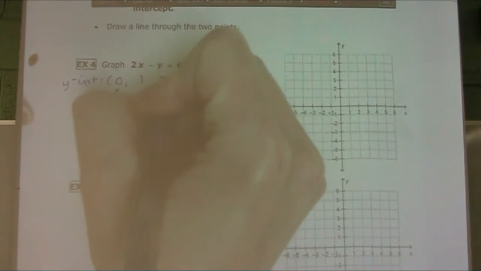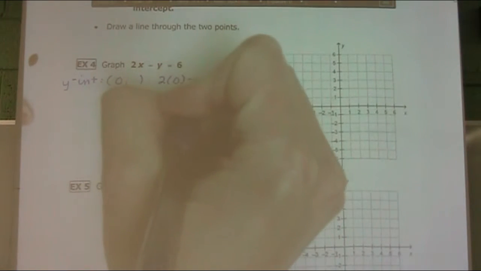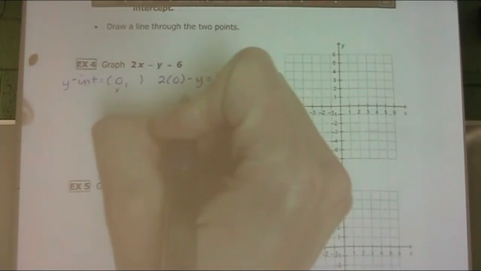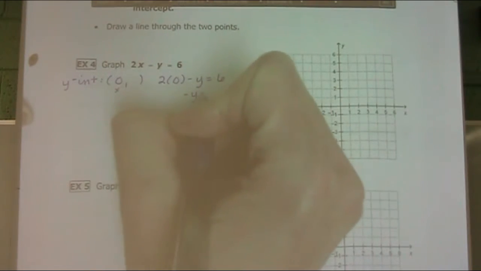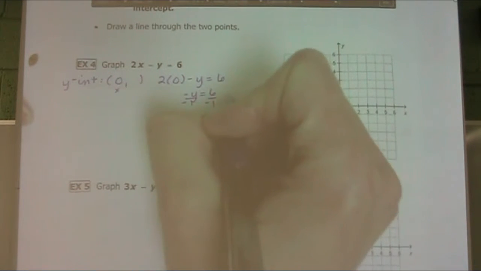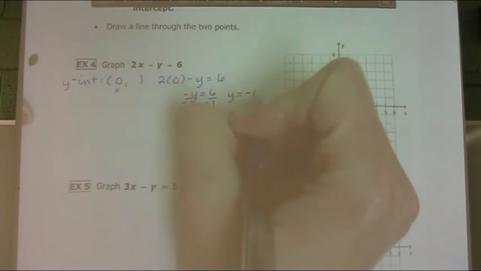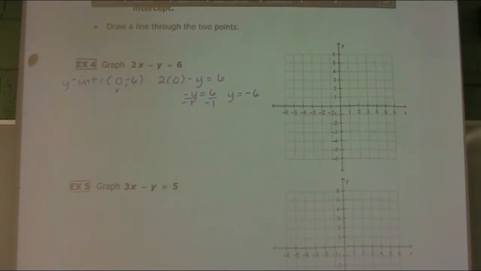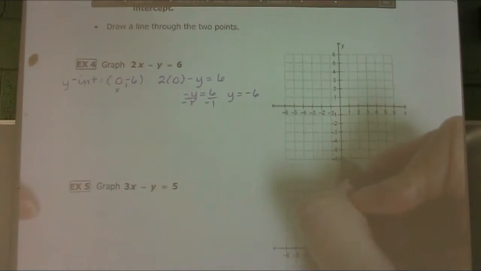So I have 2 times 0 minus y equals 6, which gives me negative y equals 6. Divide both sides by negative 1, and it gives me y equals negative 6. So 0, negative 6 is my y-intercept. And I'm going to graph that, and it's right here.